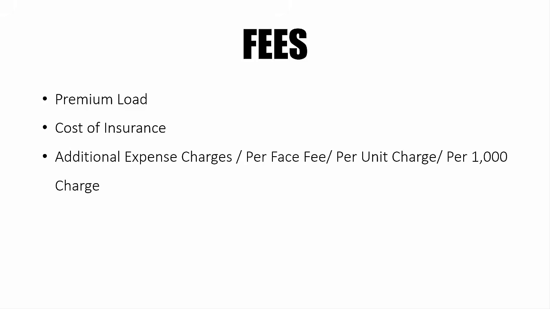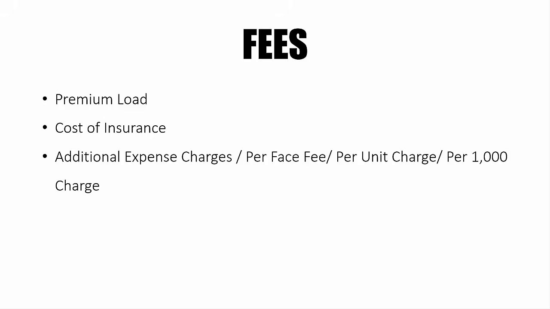Fees. All right, so there are quite a few different fees on indexed universal life contracts, and this is, for the most part, applicable to every single IUL contract that you could take a look at. So let's break them down real quick, and then we'll go through them one by one. Number 1, there's a premium load. Number 2, you have the cost of insurance. You also have what's called an expense charge, a per face fee, a per unit charge, or a per thousand charge.